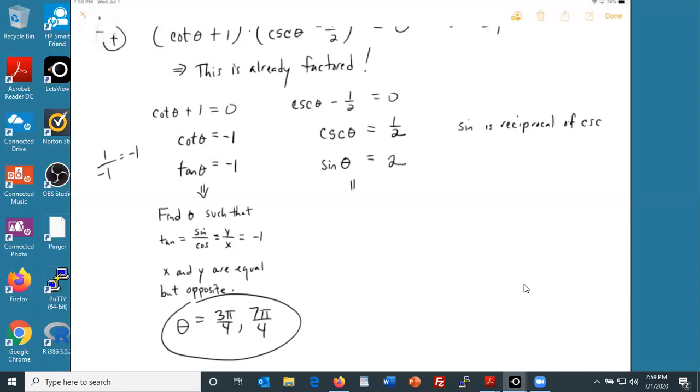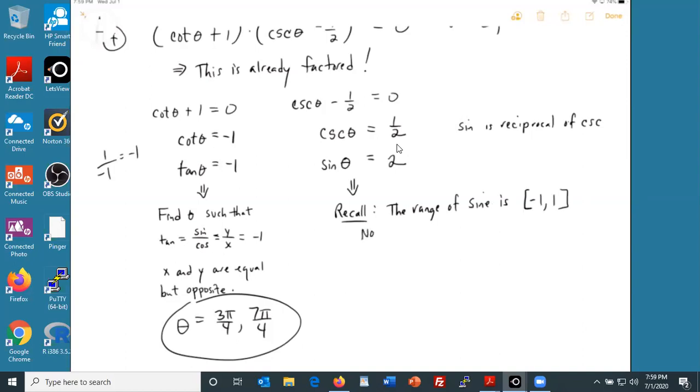Now here, we want to recall something from yesterday about the range. So the range of sine is, remember, -1 to 1. So that means the sine can't equal 2. It can't equal 3 or 4. It can only equal numbers between -1 and 1. So therefore, there's no solution to the second half of the problem here.